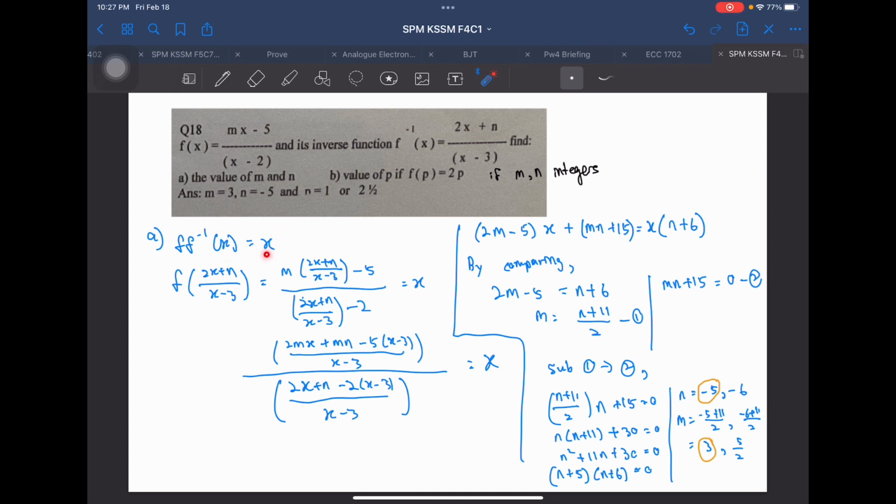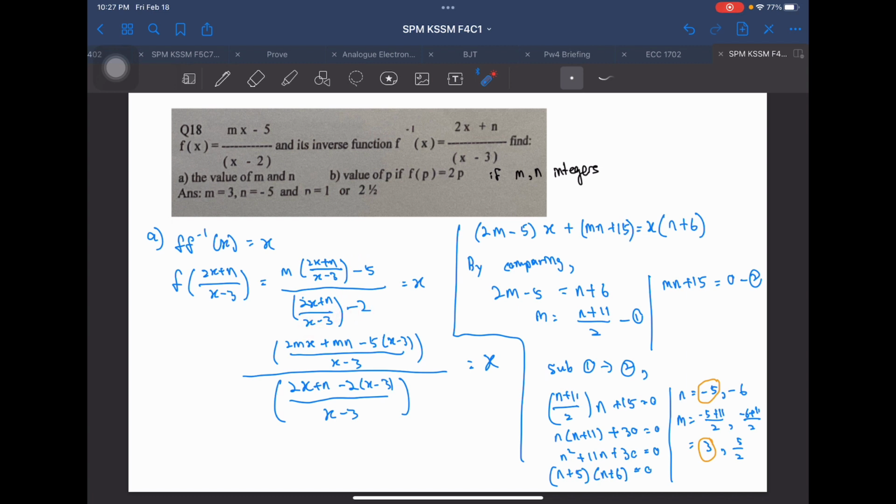So you substitute the inverse function in here, and then substitute this into the f function. So you get this equals x. Note that the numerator and denominator share the same thing, x minus 3. So you move this -5 up there and -2 up here, so that you can cancel out this x minus 3.